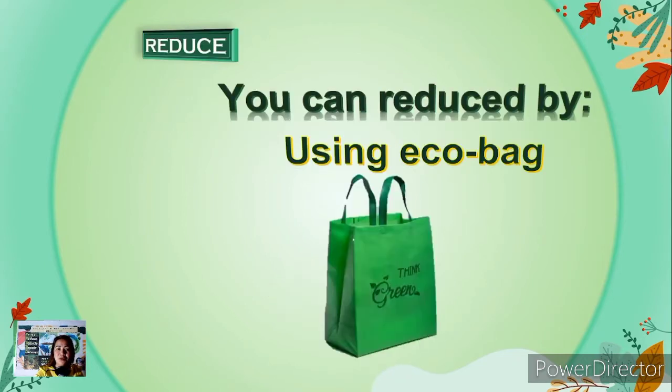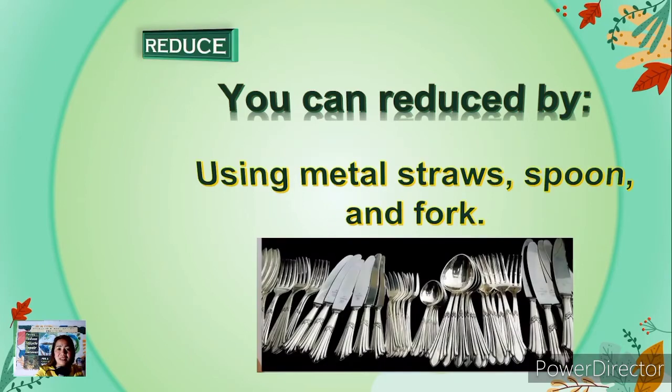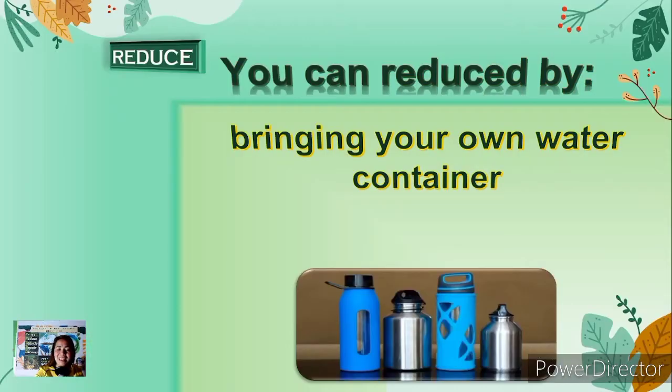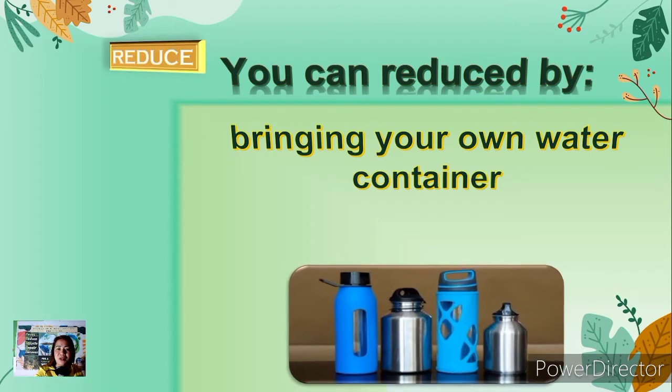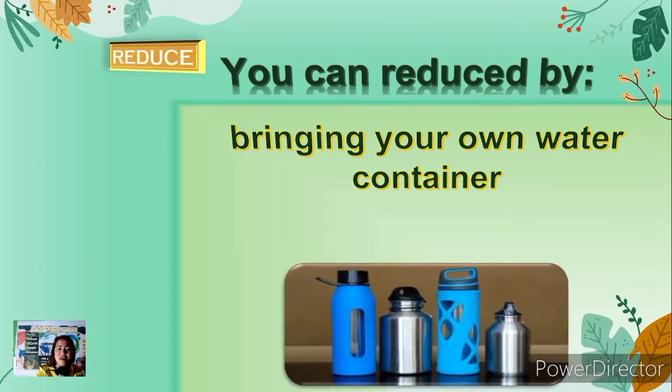You can reduce by using an eco bag when going to the grocery instead of availing plastic bags provided, using metal straws, spoon, and fork instead of availing the plastic utensils from fast food restaurants, and bringing your own water container instead of buying water every now and then.